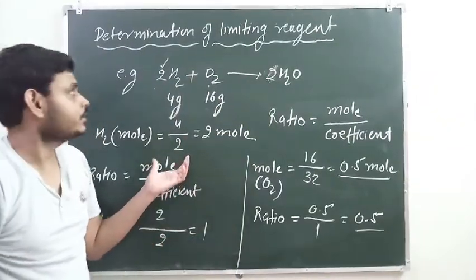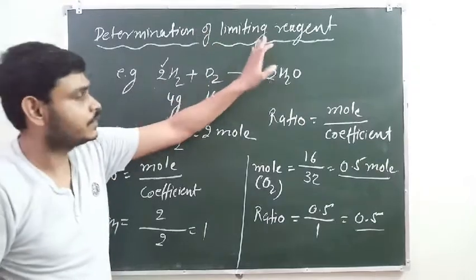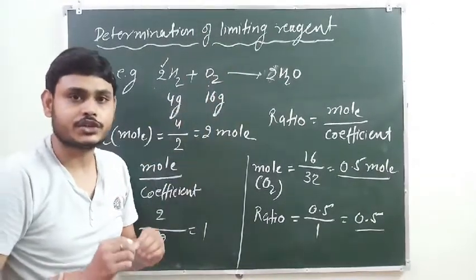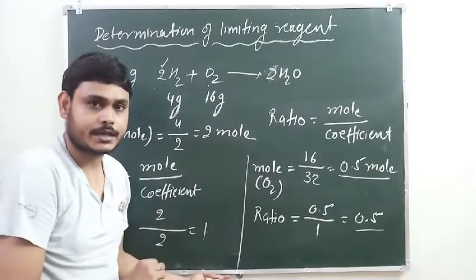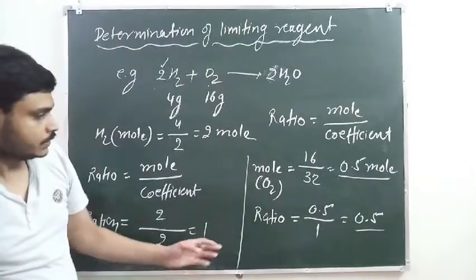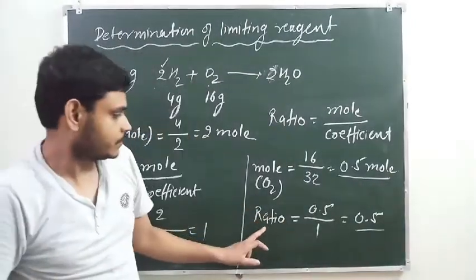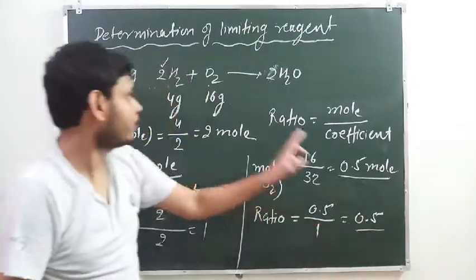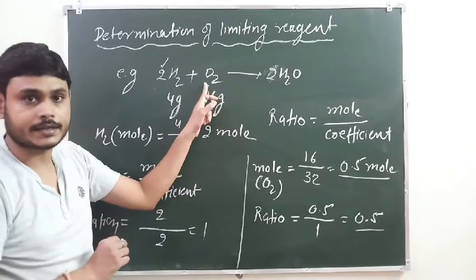According to the second point of determination of the limiting reagent, the reactant with the least ratio is the limiting reagent. The least ratio is 0.5, for the oxygen reactant.